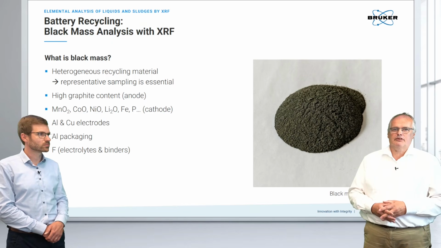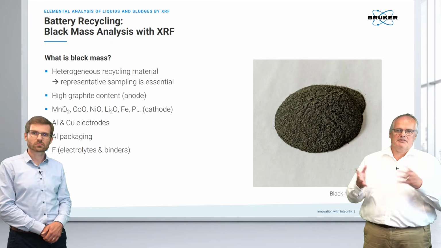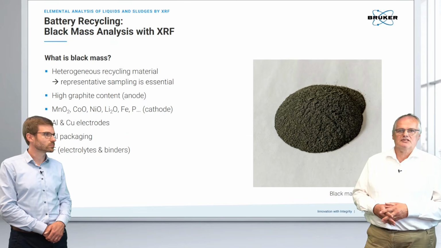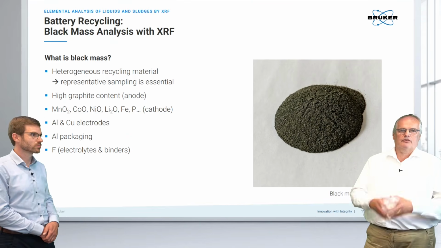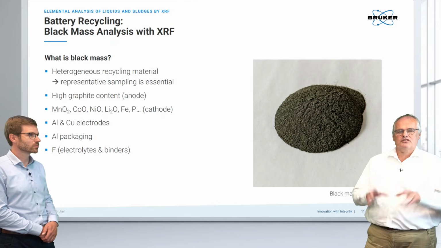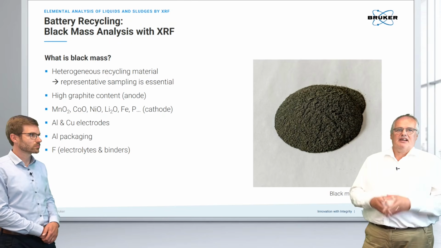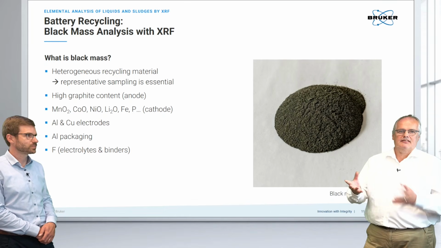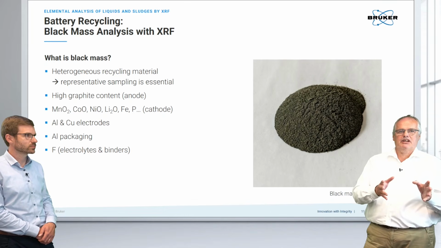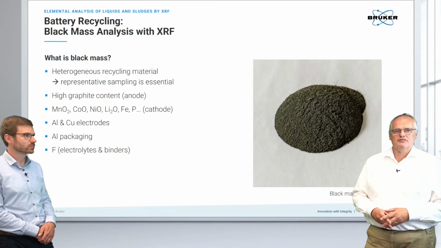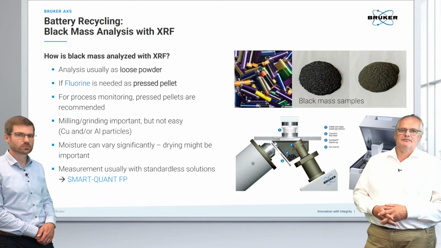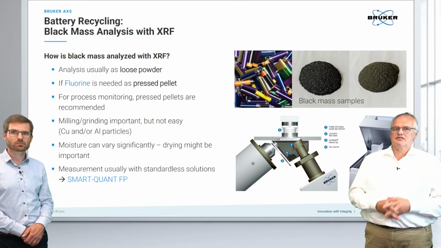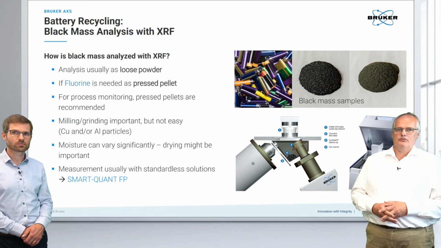There could be iron, phosphorus, maybe some carbon or aluminium and copper from the electrodes, from the packaging, fluorine from the electrodes. This ends up in the so-called black mass. We need to understand the ratio of the elements, for value determination but also for the recycling process. And we typically use this as loose powder.